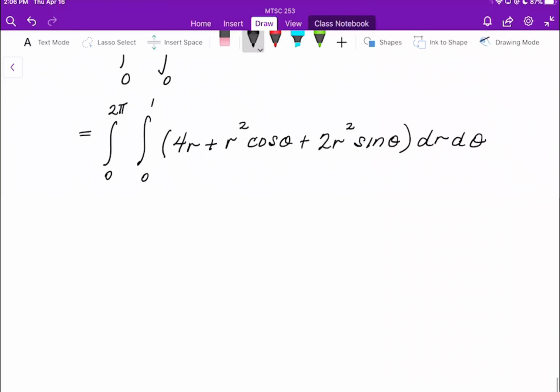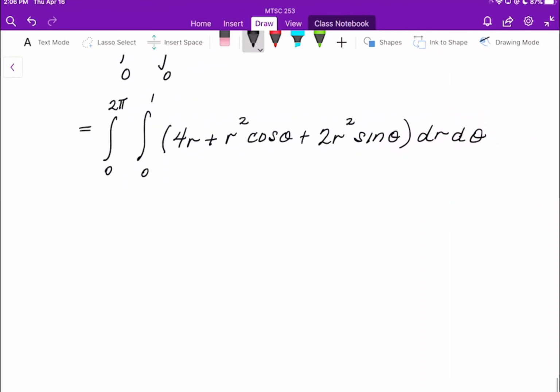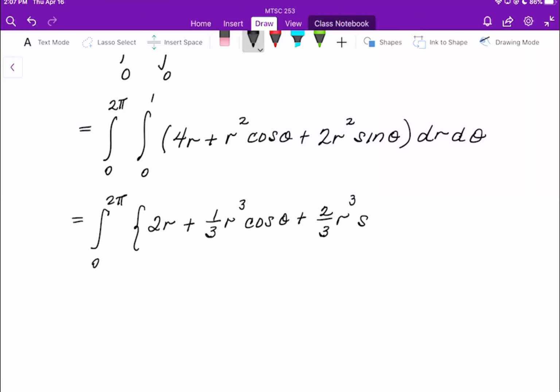So we're going to integrate with respect to r first. This is going to give me 2r squared plus 1/3 r cubed cosine theta plus 2/3 r cubed sine theta, evaluated from 0 to 1 d theta.